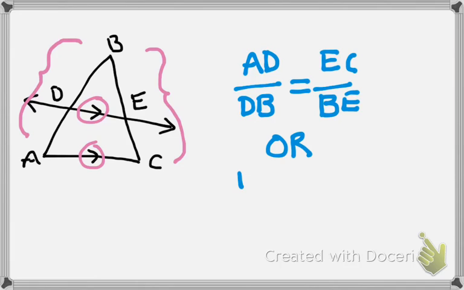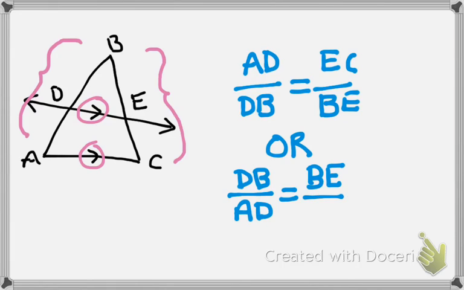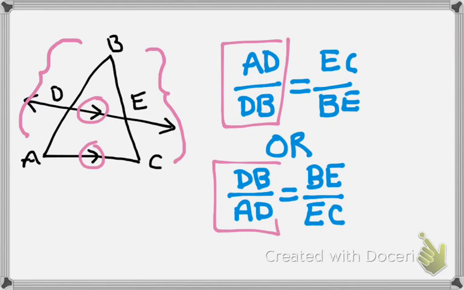You could put DB, which is the top segment, over the bottom segment, as long as you use the top segment on the right-hand side ratio over the bottom segment on the right-hand side ratio. So either one will work. What's important to understand, again, is the order that you choose for this very first proportion. It controls how you set up the next ratio.